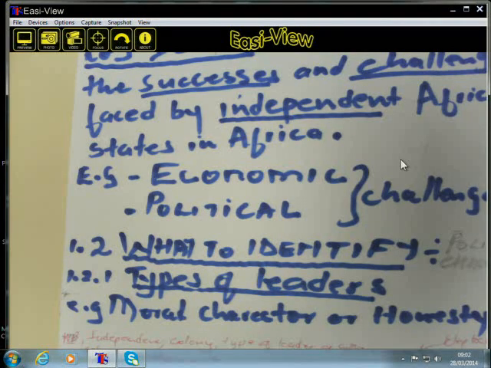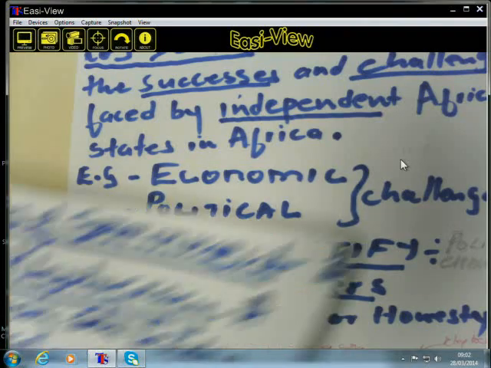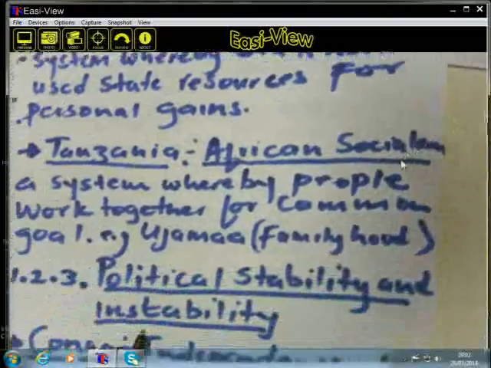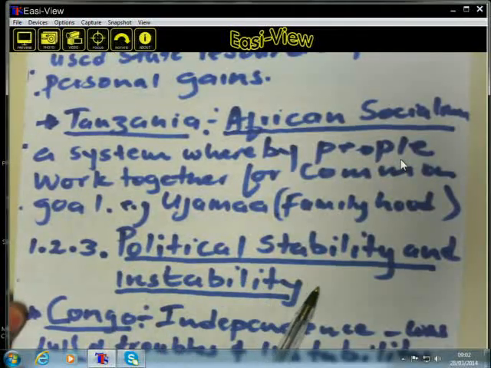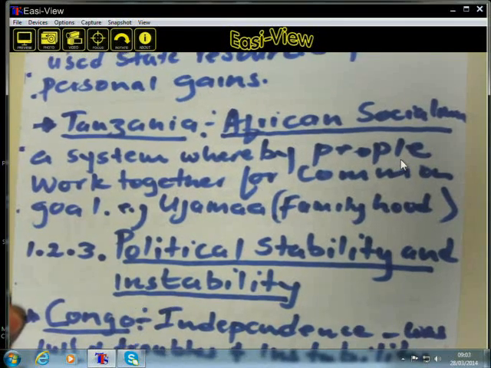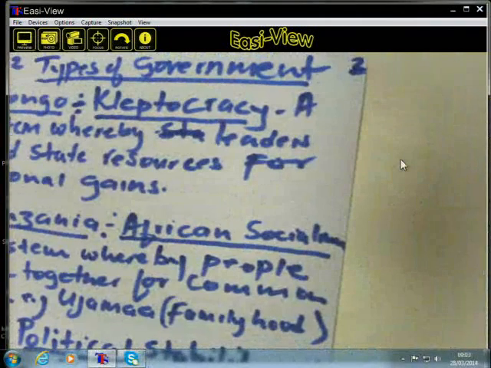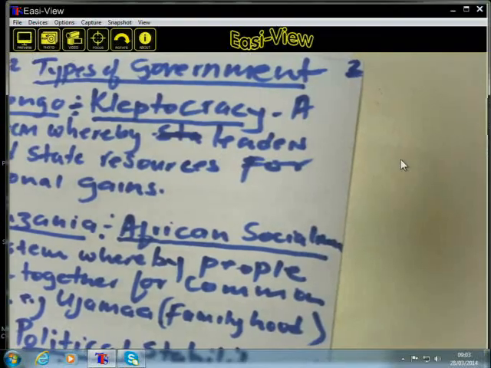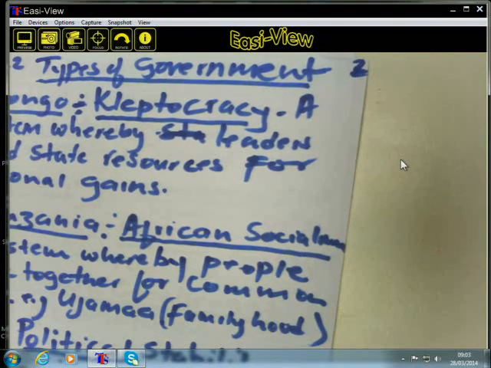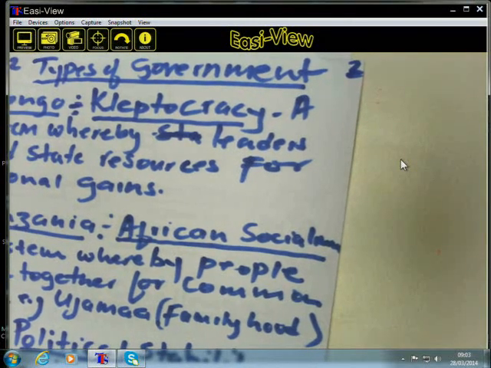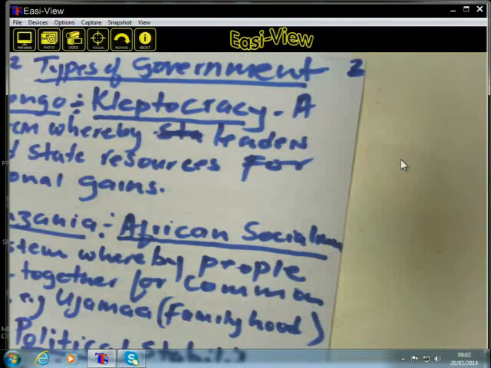Thirdly, we are talking about political stability and instability. Dear learners, as we are comparing here, we must concentrate on the types of leaders in both countries, types of government, and political stability and instability.